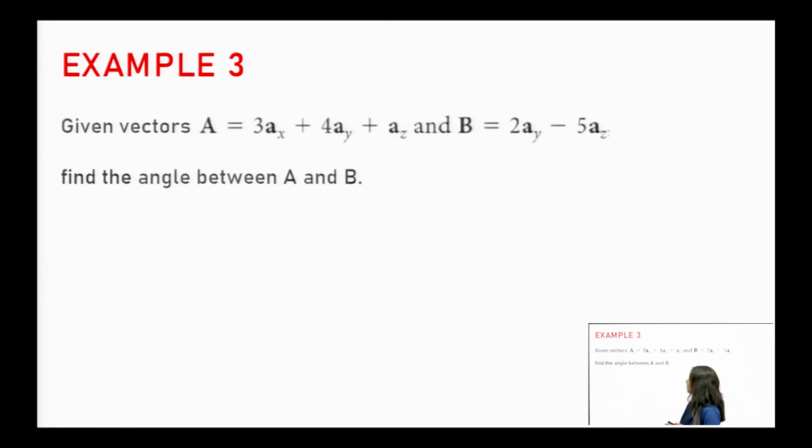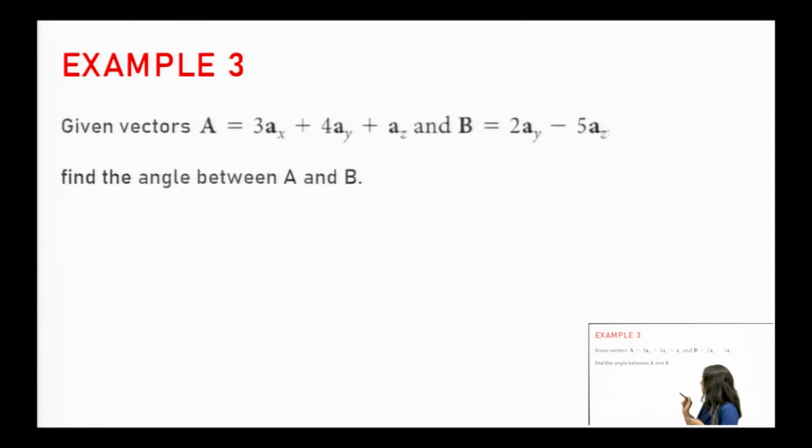Now here another vector is given, that is a and b, and we need to find the angle between a and b. In various kinds of vector operations, we have studied addition, subtraction, multiplication and division. We have already seen various examples of addition and subtraction.